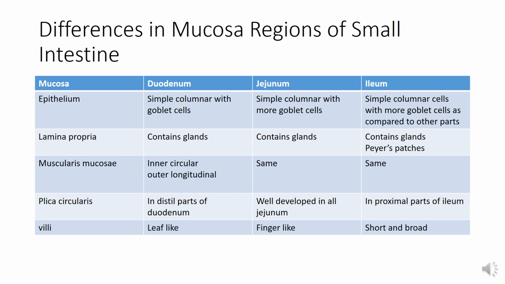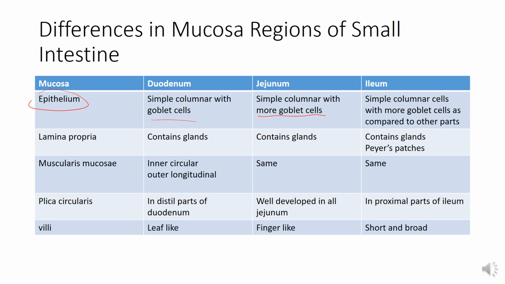Starting with the mucosa, the epithelium is simple columnar epithelium with goblet cells, of course, in all three parts of the small intestine. But the goblet cells increase in number as we go down. So there are more in the jejunum, and more goblet cells as compared to the duodenum and jejunum are present in the ileum part of the small intestine.